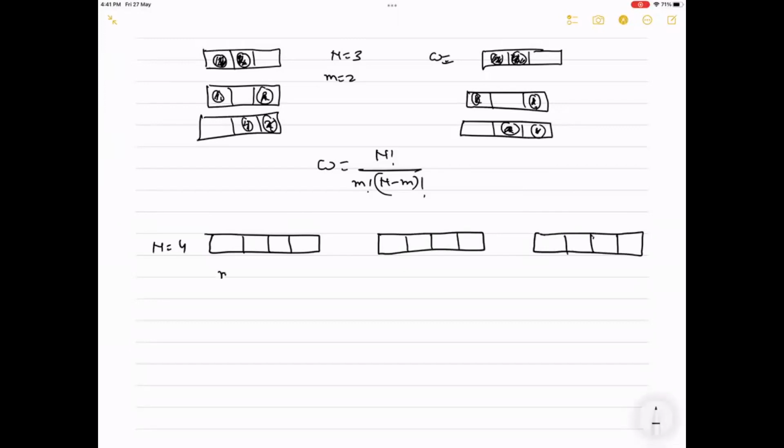In the first case, m is equal to 1, which means there is just 1 particle. In the second case, let's say there are 2 particles. And in the third case, m is equal to 3. What is the value of these 3 cases? Please calculate and tell me.